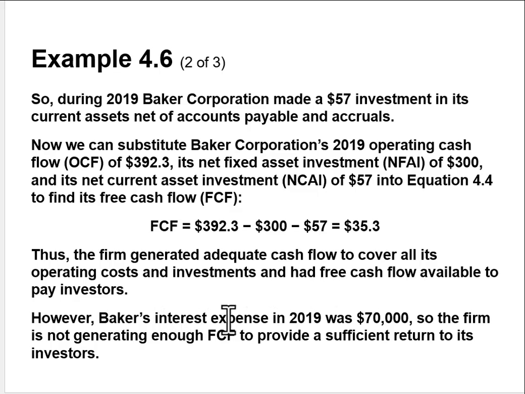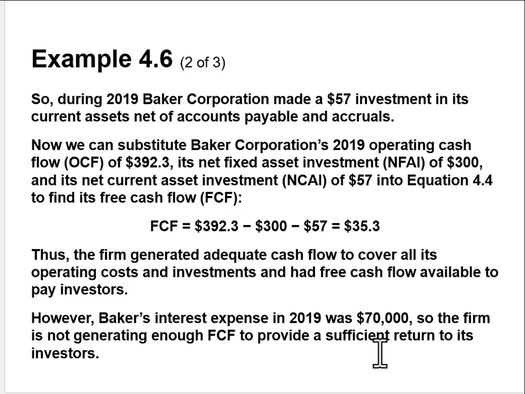Well, if you look at the interest expense for Baker, you'll see that their interest expense was $70,000. So even though we're generating free cash flow, it's not enough to provide sufficient funds for its investors. Investors are going to see this, right? Particularly the creditors are going to note that you're not creating enough cash to cover the actual interest expense.